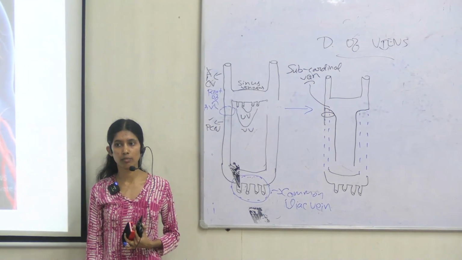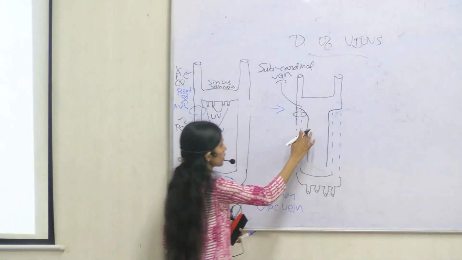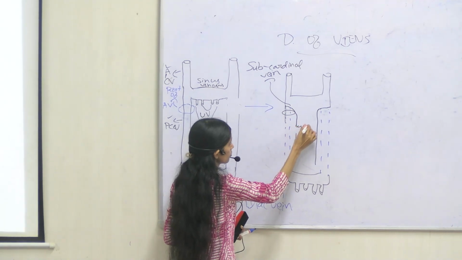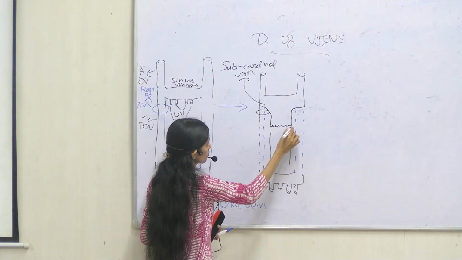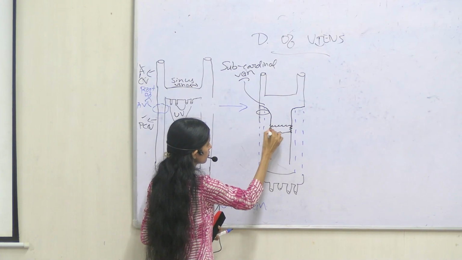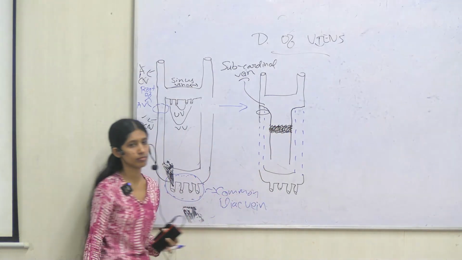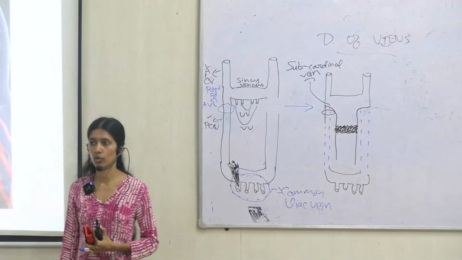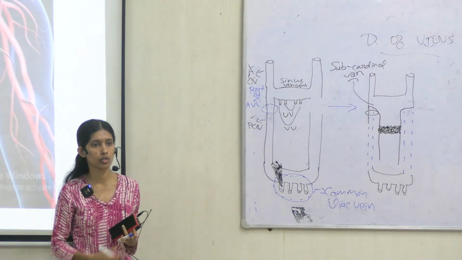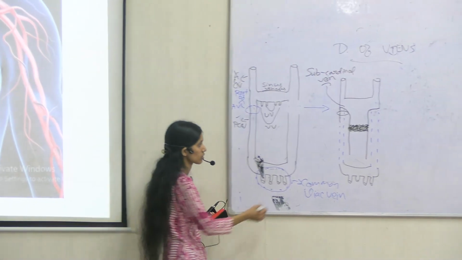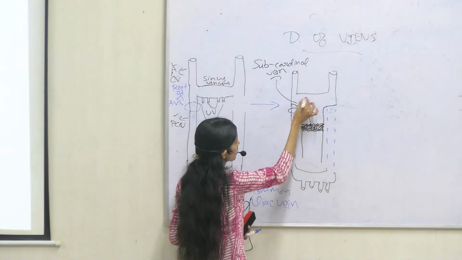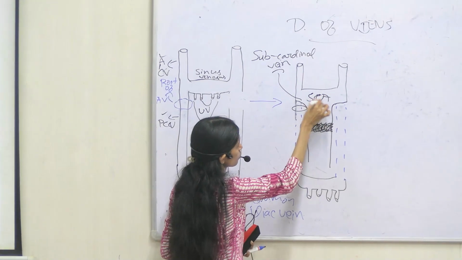And these subcardinal veins anastomose with each other. This anastomosis is called subcardinal anastomosis.